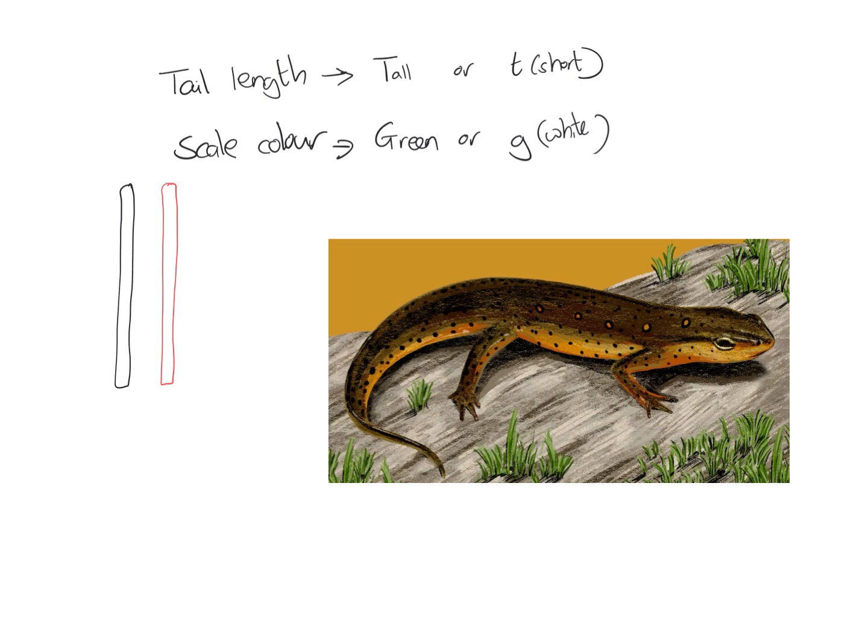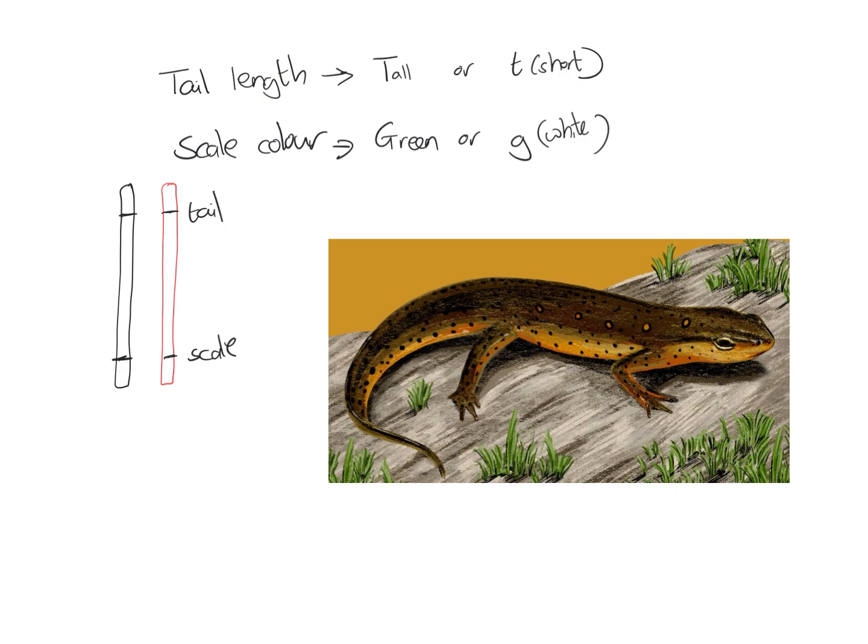This is an example of autosomal linkage because within one chromosome, the gene for the tail length and the gene for the scale colour is on the same chromosome. For the paternal and maternal chromosomes, you have the same genes on the same locus. It just happens to be that both of these genes are on the same chromosome.